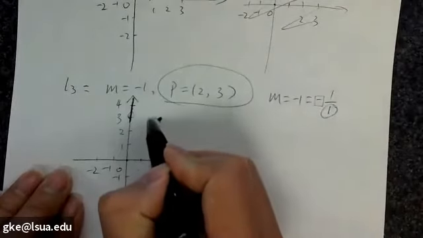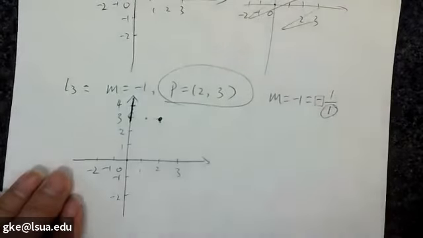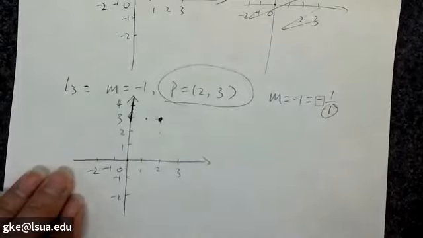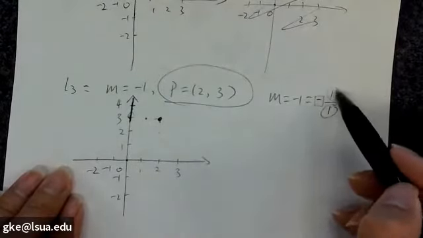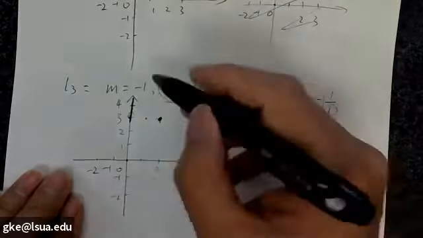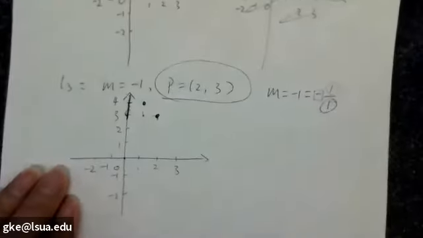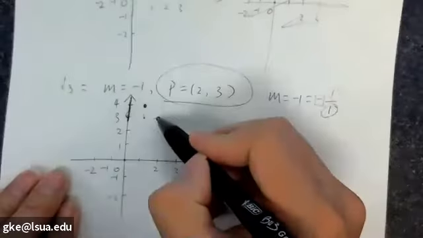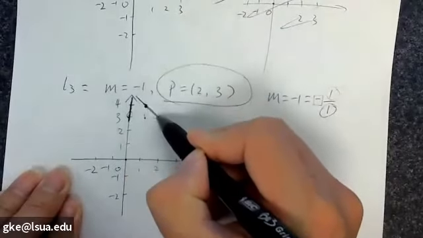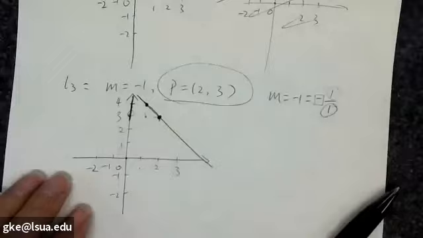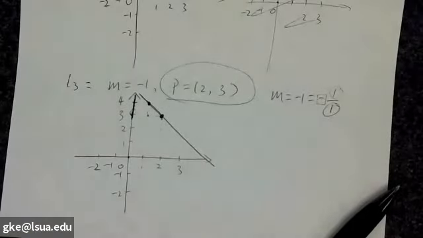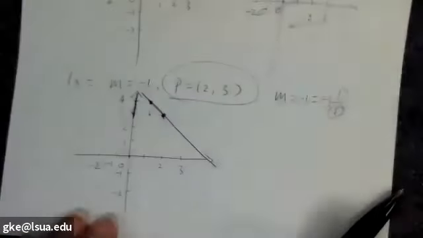For the denominator. Backward 1 unit. And the numerator we have 1, so upward 1 unit. Then we can connect these 2 points, and that's the line equation. Now I want you guys to try this one for me.